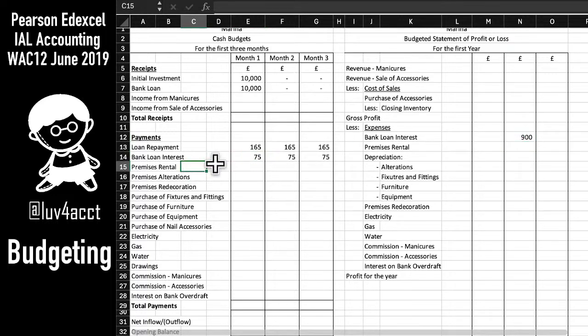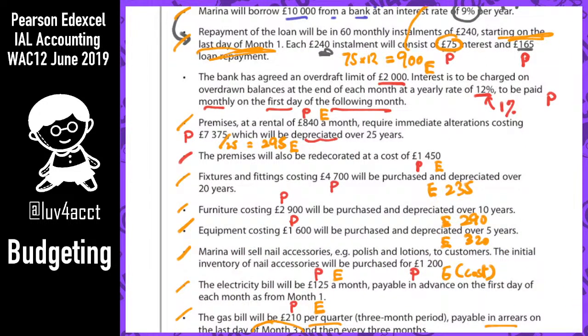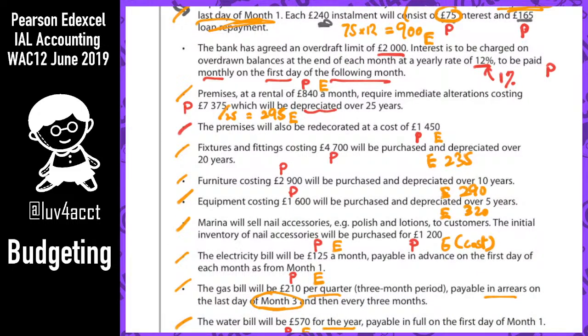Okay, so next point. After loan repayment, bank overdraft we don't know yet. Then we have the purchase of non-current asset as well as rent. So rent 840, and then alterations, premises redecorated, and then fixtures and fittings, furniture, equipment.